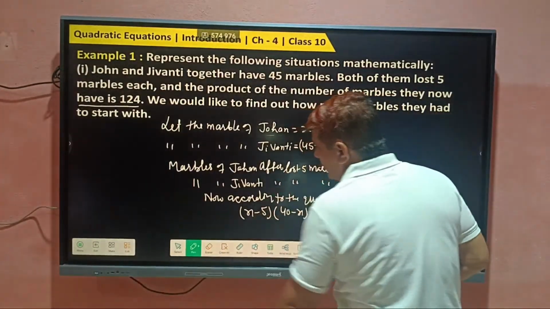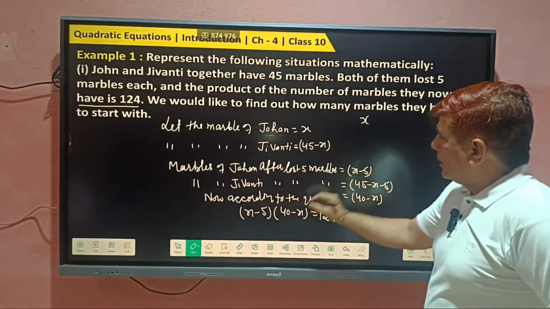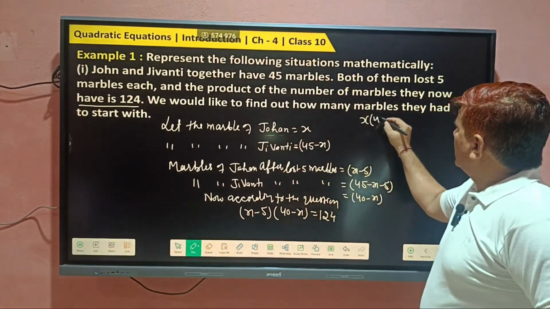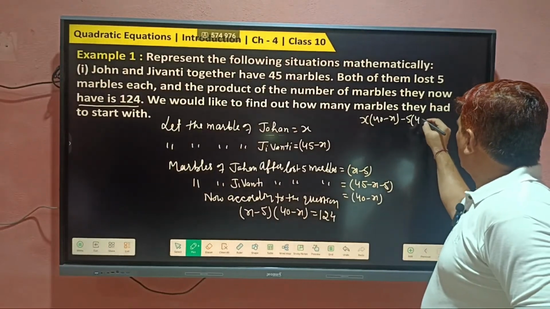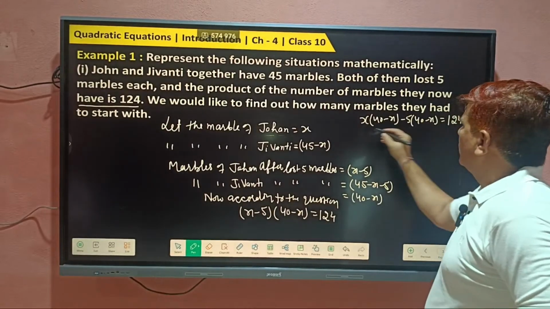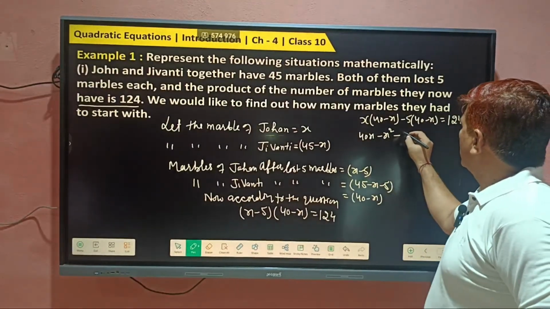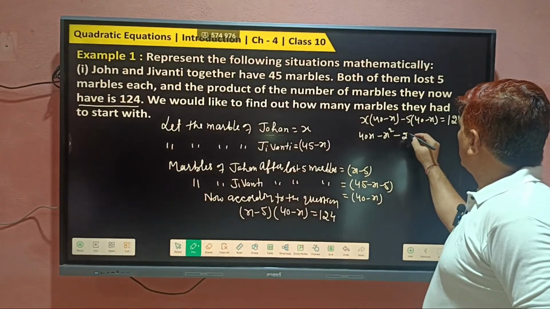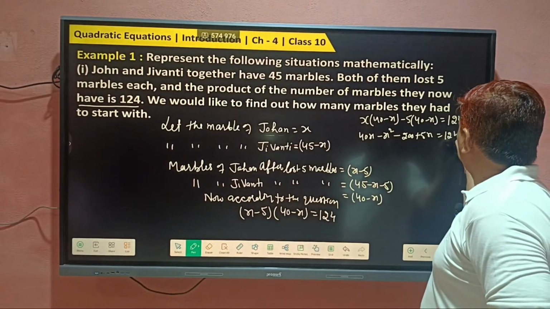So we can start from here. X minus 5, multiplied with 40 minus X, is equal to 124. If you multiply, this becomes 40X, this becomes X square, this becomes 200, plus 5X, equal to 124.